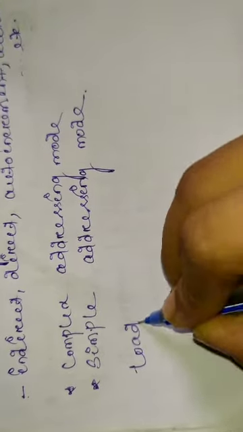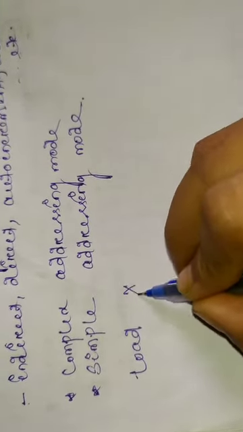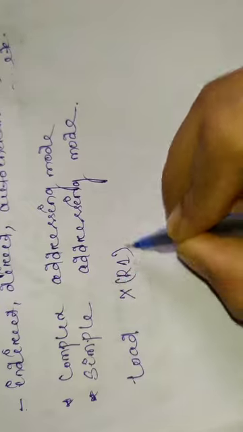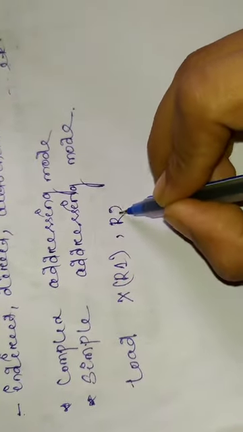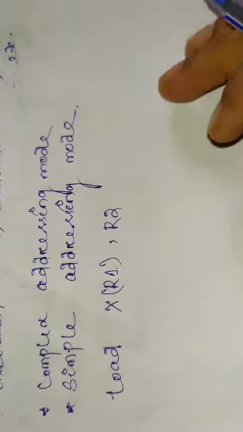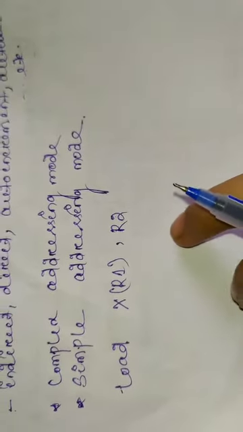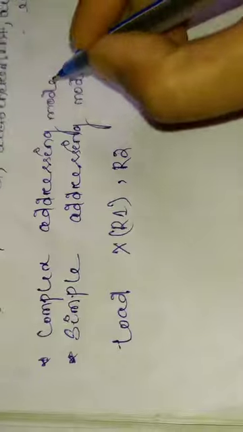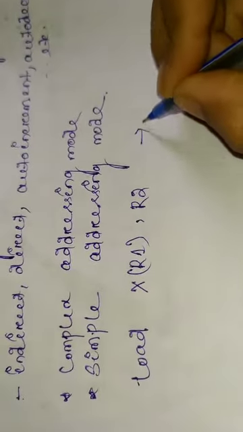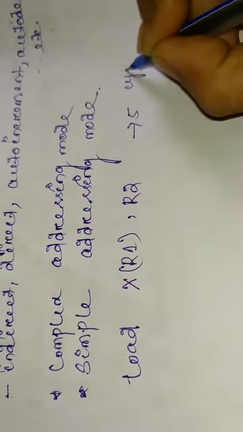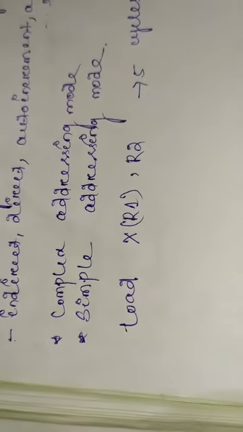Let's assume this instruction will take 5 clock cycles to complete its execution.